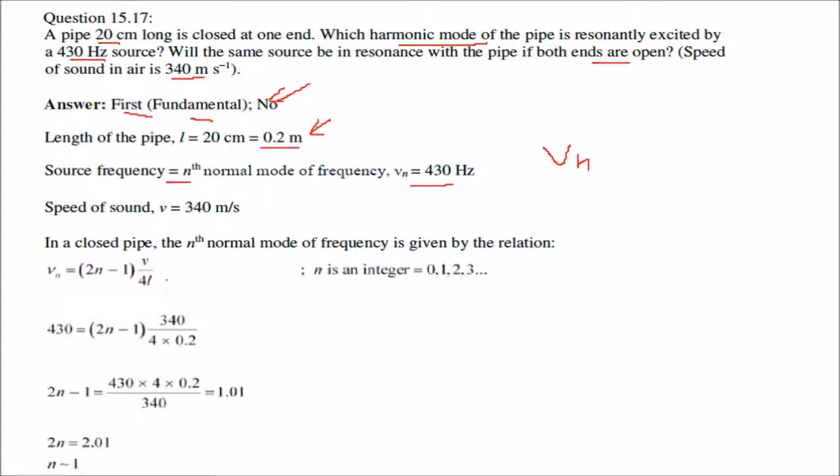Now in a closed pipe, we know that the nth normal mode of frequency is given by Vn equal to (2n minus 1) V by 4l. This equation we know. Vn, as I said, we took it as 430. 2n minus 1, let it be like this. V is our speed, 340, and 4 is 4. Length is 0.2 meter. Put it here. We have to find n. I hope you'll be able to find n. N comes to be 1, near about 1.